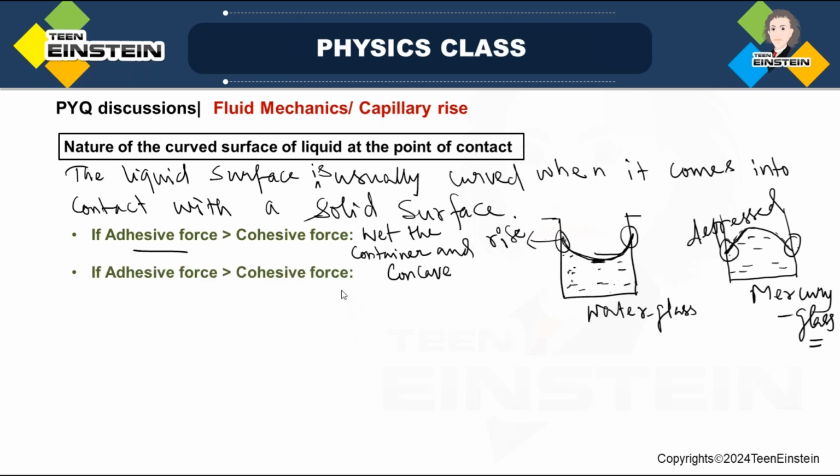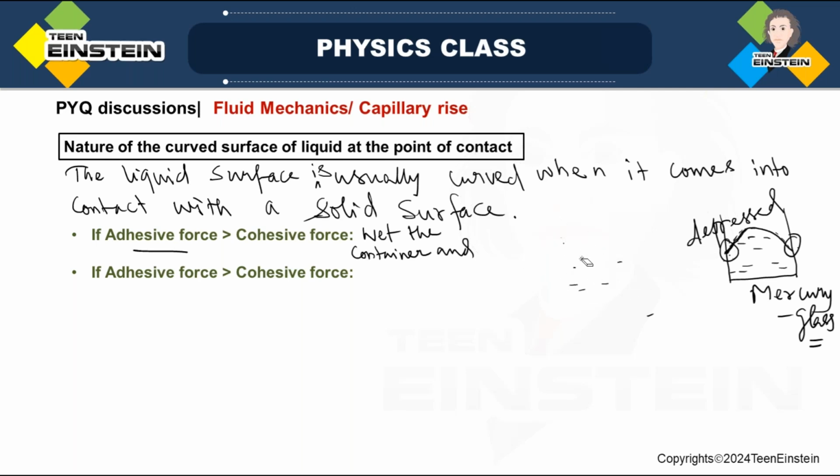Now when the adhesive force is less than the cohesive force, the liquid does not wet the container, and the upper surface will be convex.